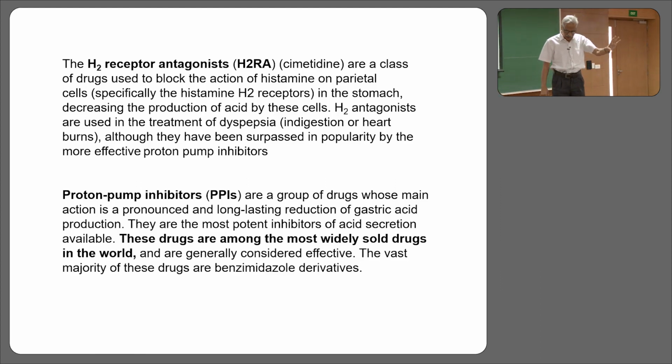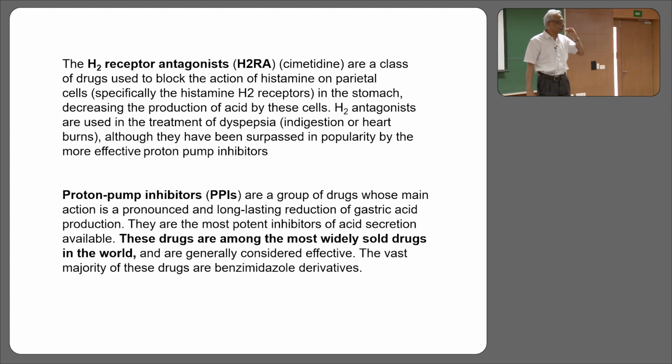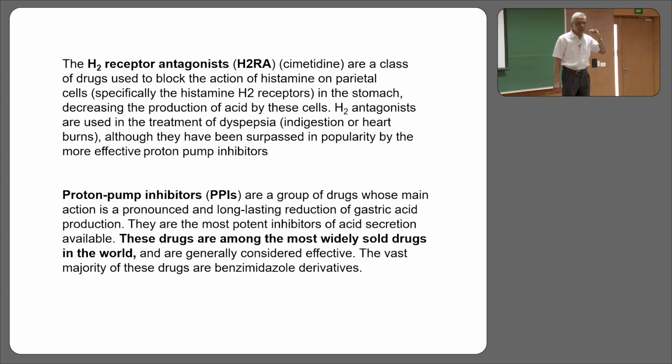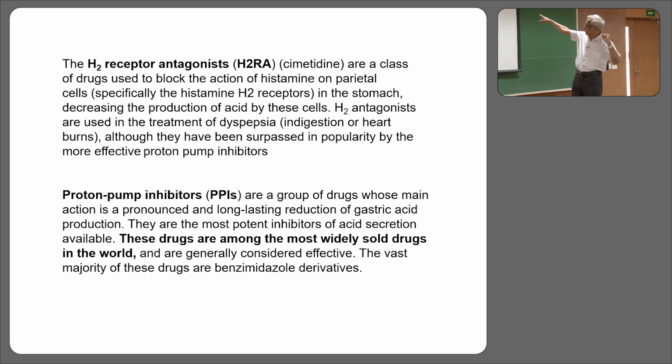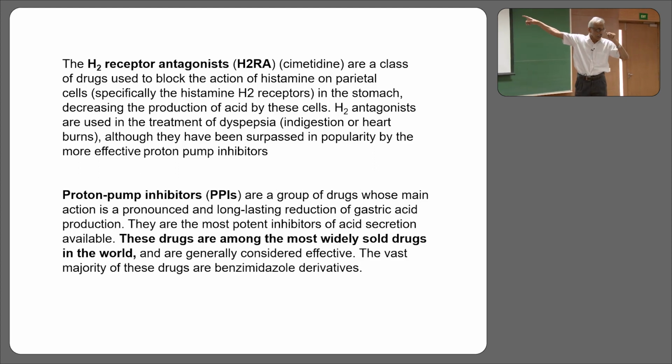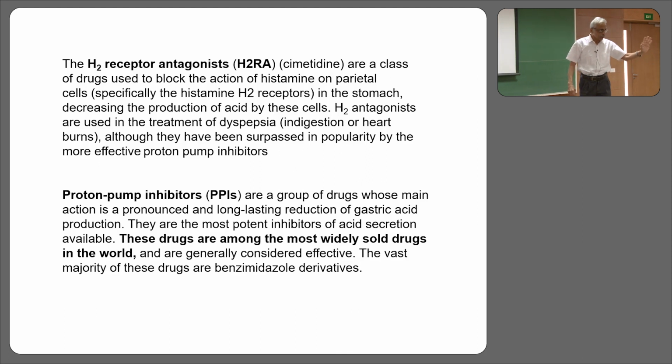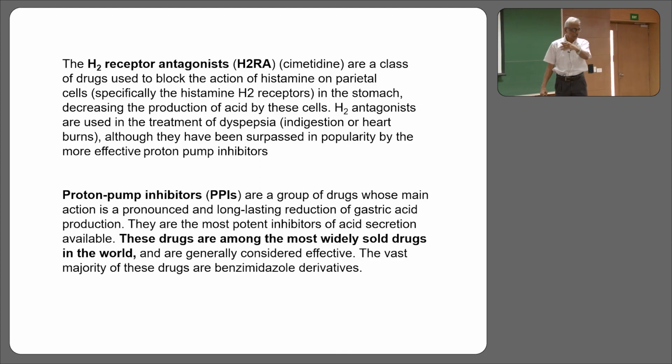In the earlier days, the 1990s to almost 2000, what was the tool available for the treatment of gastric acidity? Cimetidine. And how did it work? It was a histamine H2 receptor blocker, so histamine won't come.